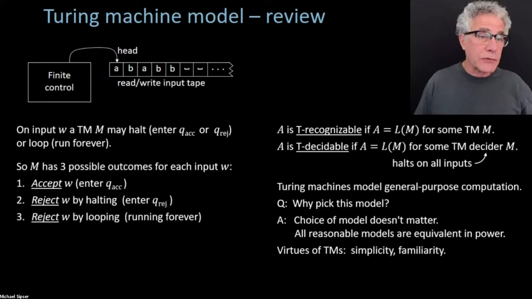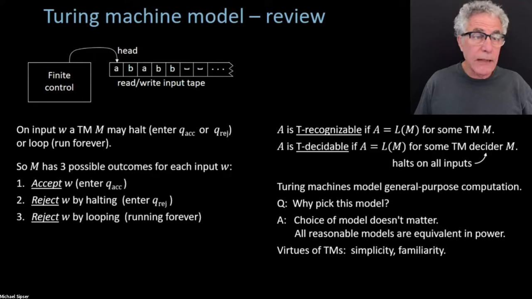And also they have some element of familiarity, in that they feel more familiar than some of the other models that have been proposed, such as rewriting systems, lambda calculus, and so on.